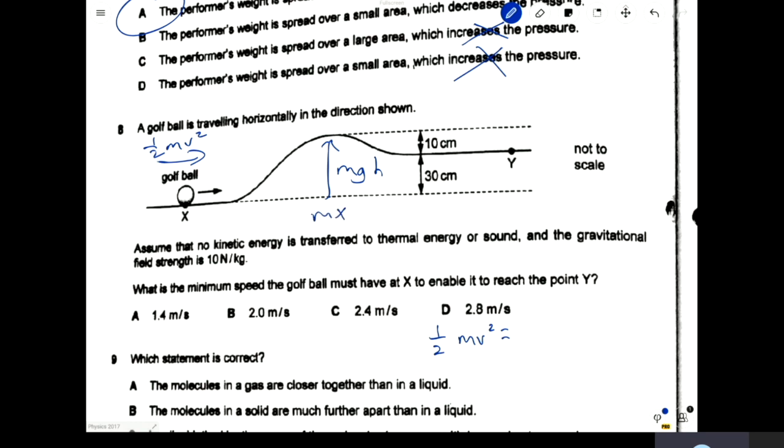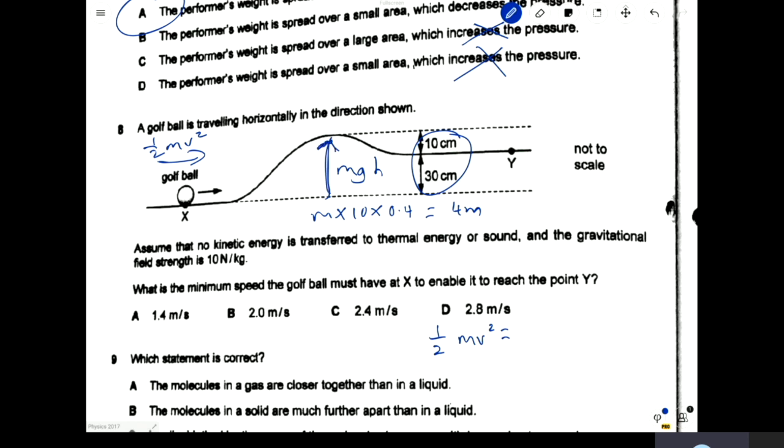The mgh here is m times g, which is 10, times the total height, 40 cm, so 0.4 meter. So this equals 4m.